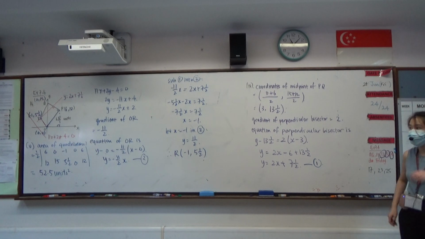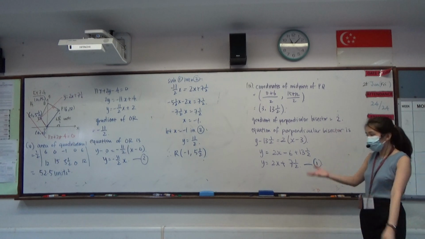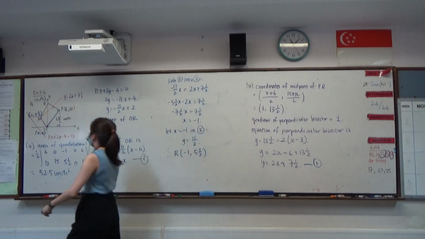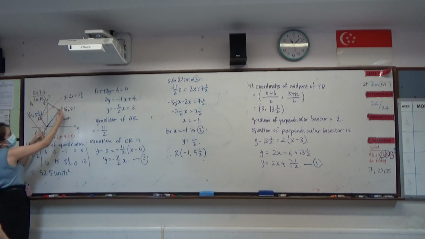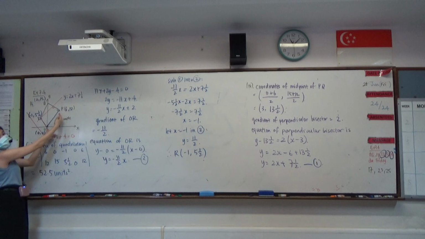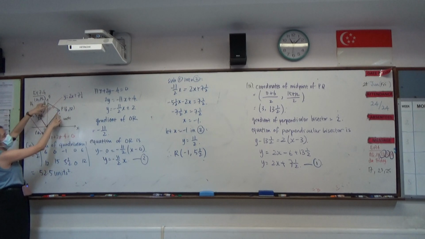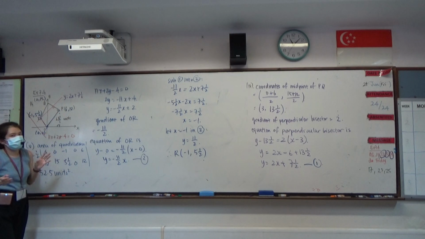In fact, what you can also see is that this perpendicular bisector must be parallel to PO also. Cannot be that these two lines are perpendicular to the same thing but have different gradients. Doesn't make sense, right?